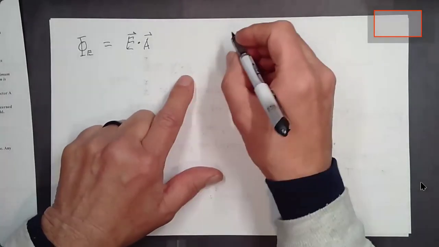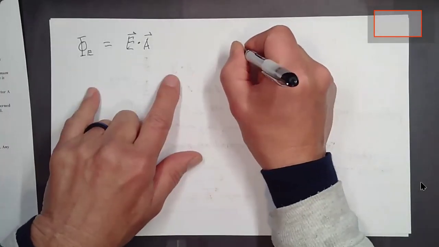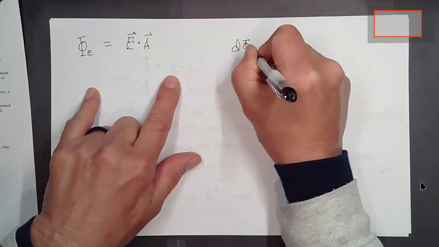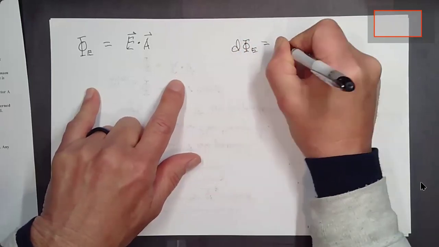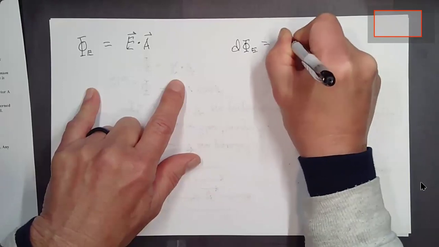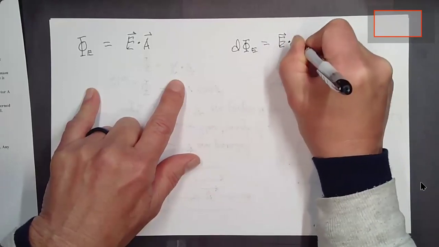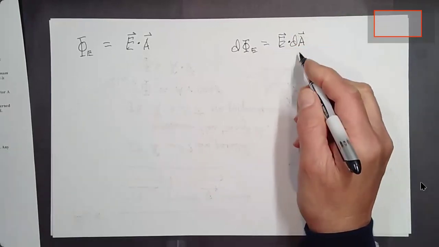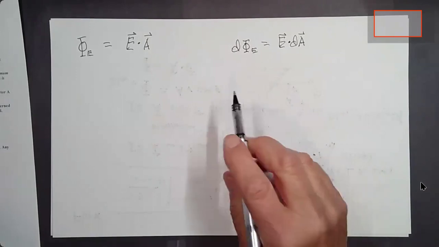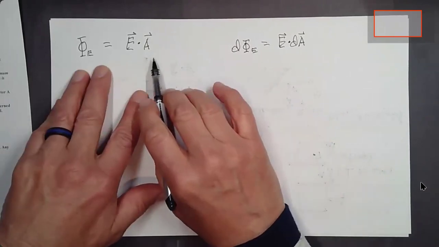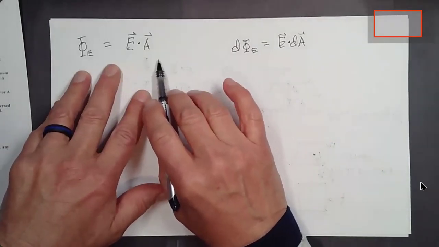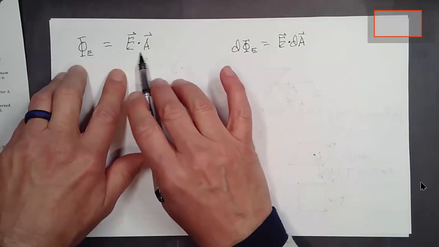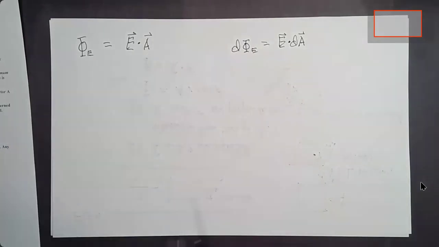Eventually, we are going to get to where we'll talk about a tiny increment of flux, and that would be the electric field at a point on the surface of something, and we'll have an E dot dA. But for starters today, we're going to just deal with some static, large enough areas that we can get away with using something like this.